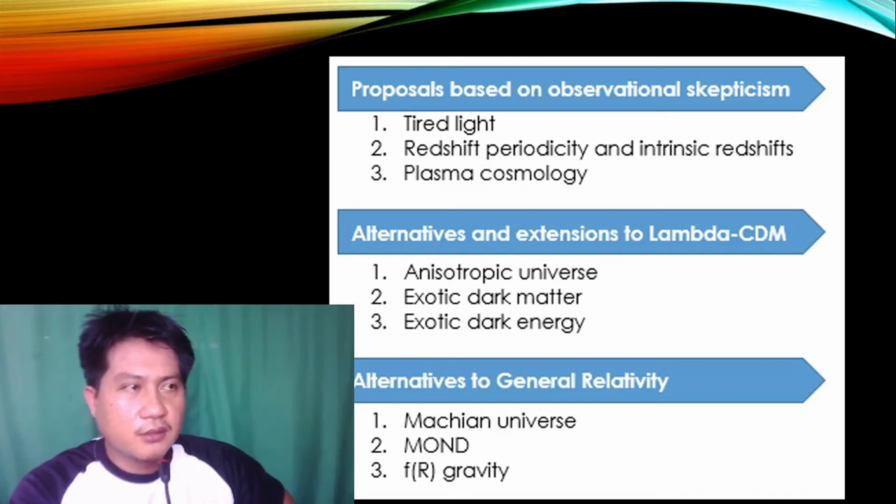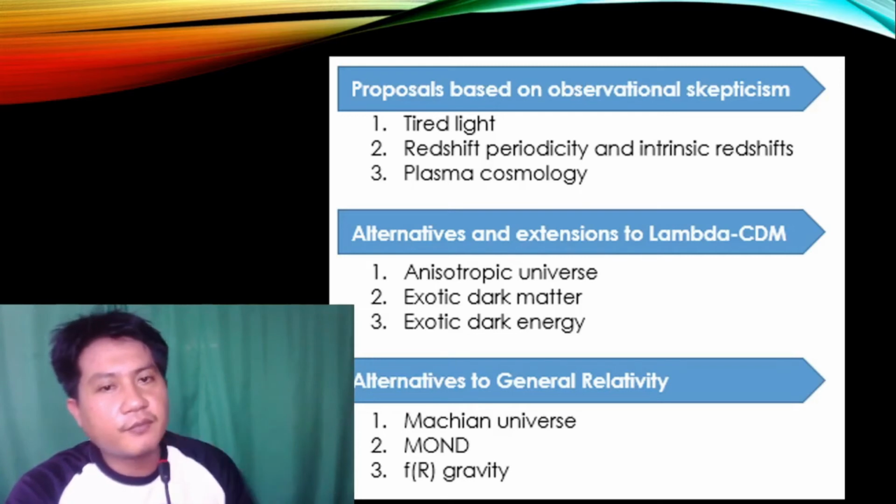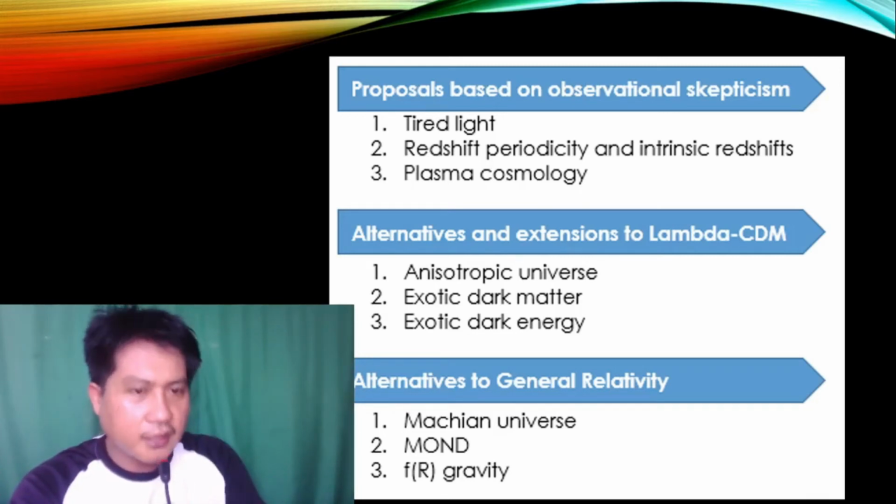Theories must be based on scientific explanations, so I didn't include these proposals based on observational skepticism. These are the tired light, the redshift periodicity, intrinsic redshifts, plasma cosmology. Anyway, you can find these proposals on wikipedia.org.